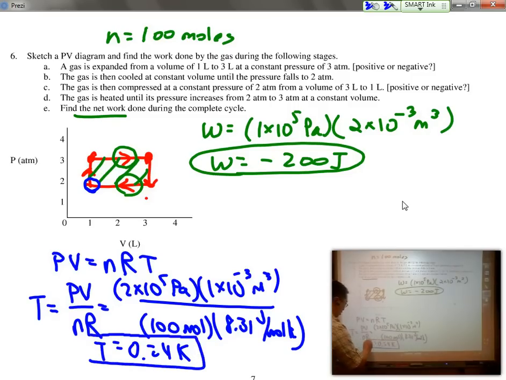Now my numbers are not the best that I've made up, but it's okay. Right now we know the temperature is 0.24 Kelvin.